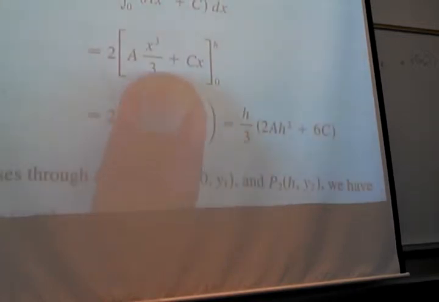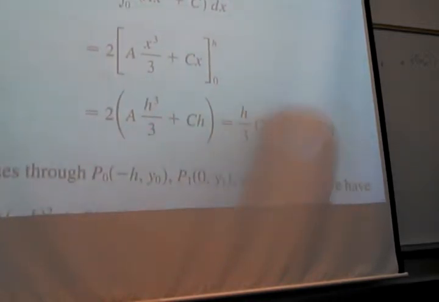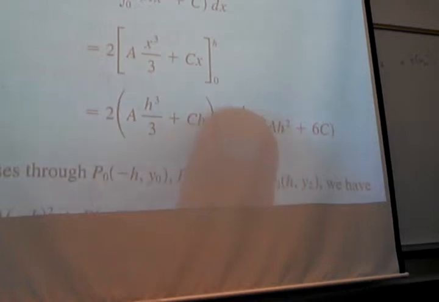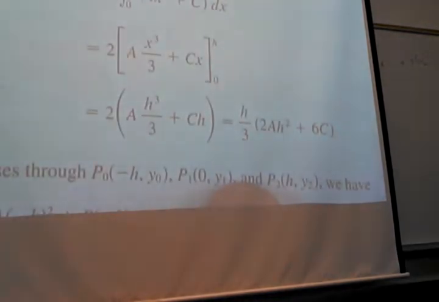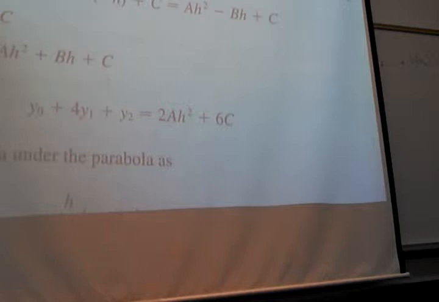It's pretty simple to integrate this parabola and just get here by taking h over 3 out. So that's pretty simple to do. What's not so simple is to realize that that expression is equal to some combination of these values. So if you had to do this yourself, it would not be easy.